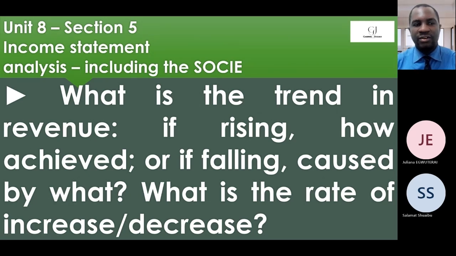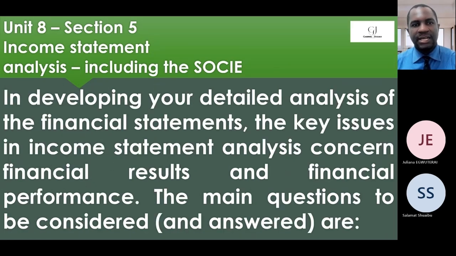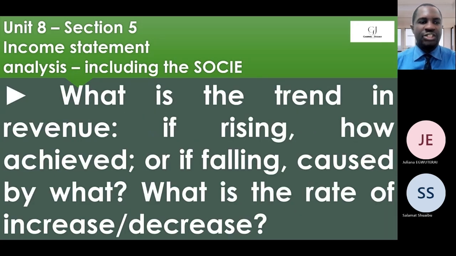So you look at the trend in revenue when performing your income statement analysis, including statement of changes in equity. So you ask, what is the trend, the growth, upward or downward in revenue? If rising, how was it achieved? If falling, what is the cause? What is the rate of the increase if it's rising and the decrease if it is falling?